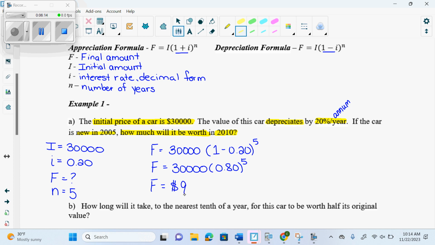So make sure you're getting $9,830.40. Where's 30,000? For the one.